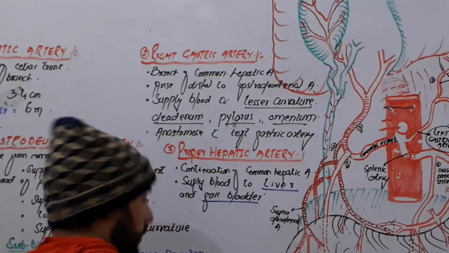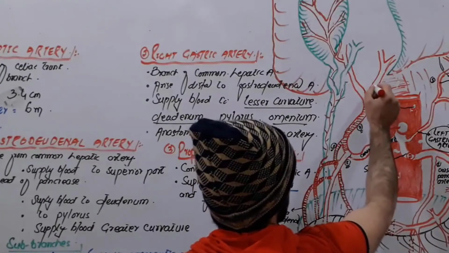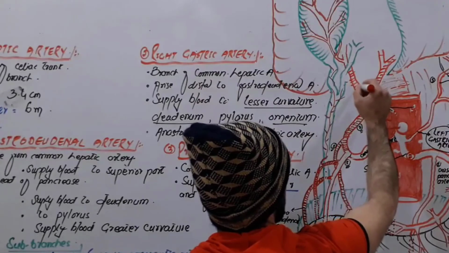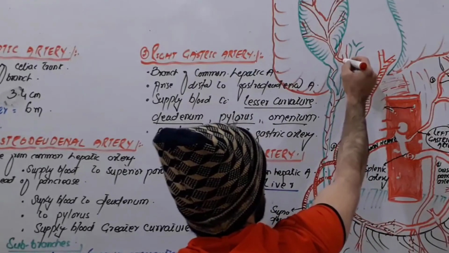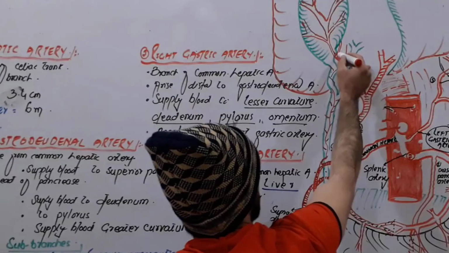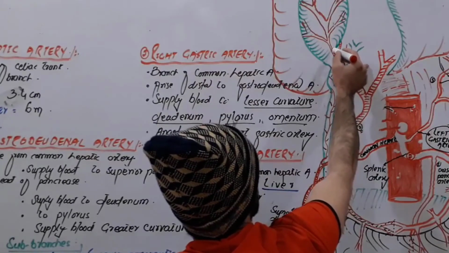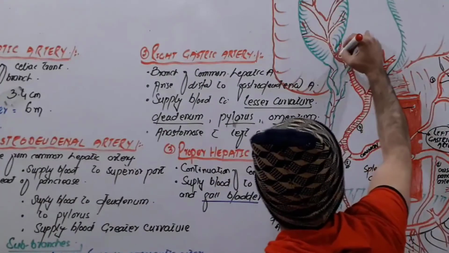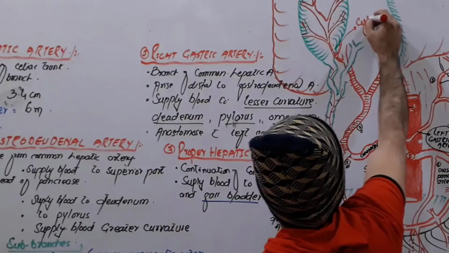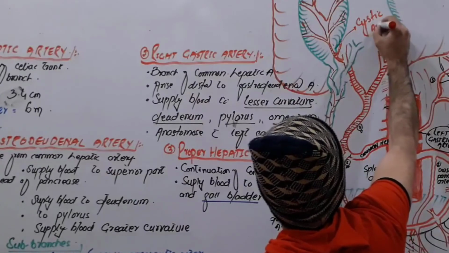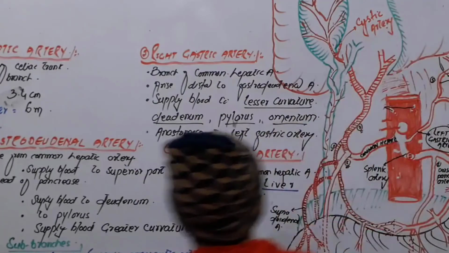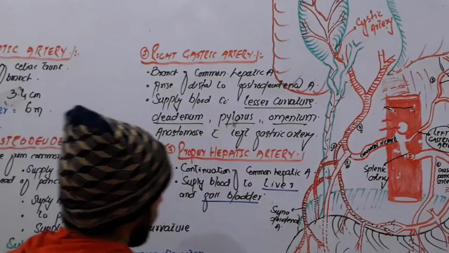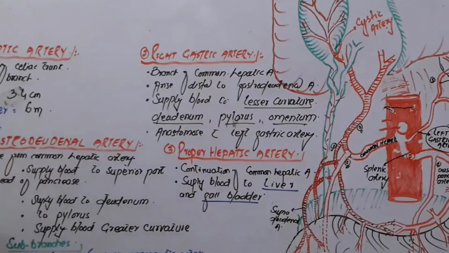Look carefully, through the left hepatic artery, and the right hepatic artery, and from the right hepatic artery there is a small branch which separates and goes towards the gallbladder. So this is called the cystic artery. So let me name it here. This is our cystic artery. Clear, friends? So through the hepatic artery and cystic artery. Okay, those are the branches of the common hepatic artery.